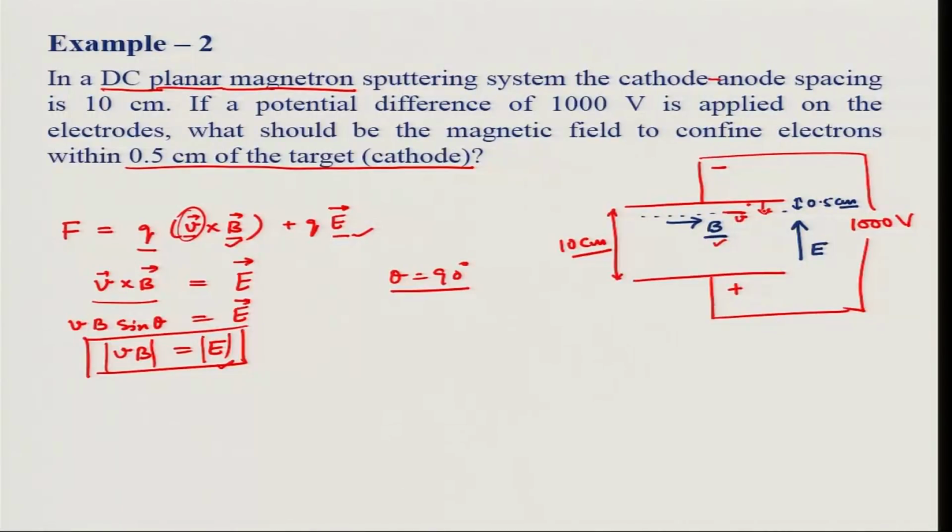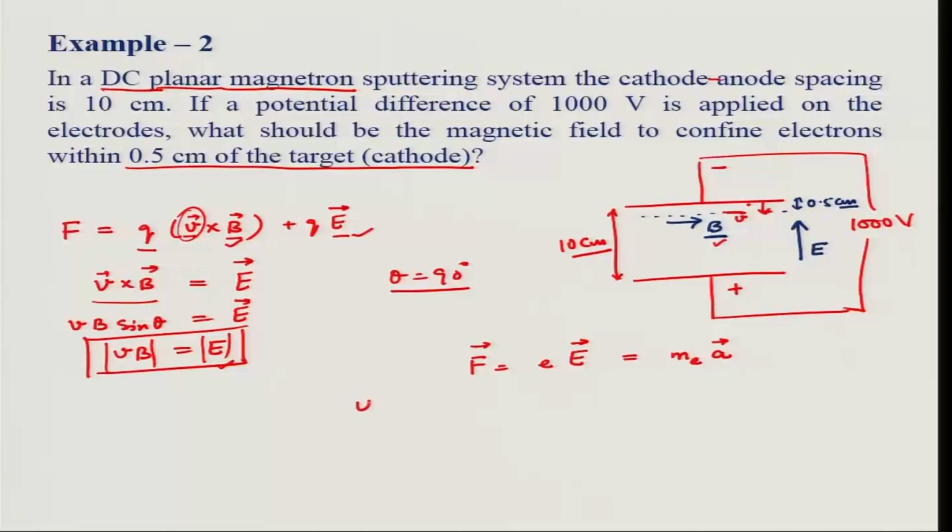Okay. Now, we can also calculate that because we know that the force on electron is electric field, right. So, force on electron is E, capital E, right, in this direction. Now, this force will be equal to m E and acceleration, okay.